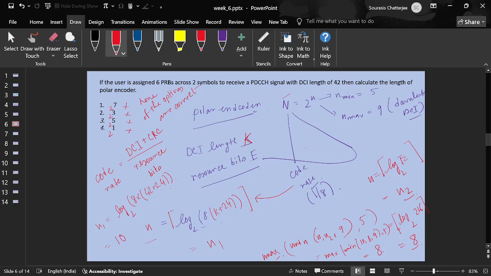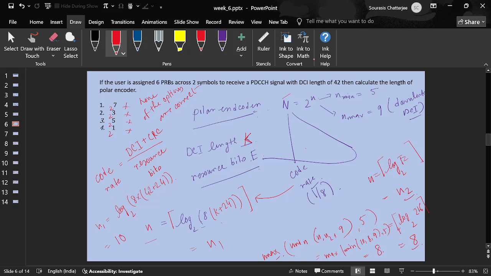If you remember the polar encoder, the mother code rate is 1 over 8, right? So if I use this expression, you replace the code rate by 1 over 8. Therefore we can get the resource bit number, right? The resource bit number turns out to be 8 times (42 plus 24). Why 24? 24 is the 24-bit CRC that is appended to the original downlink control information.